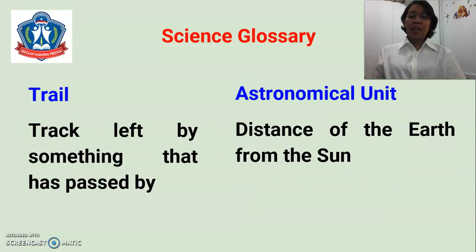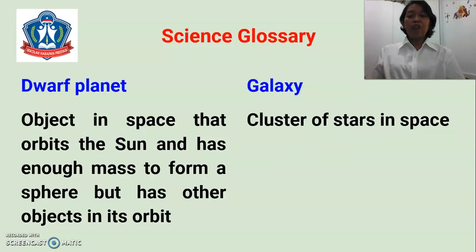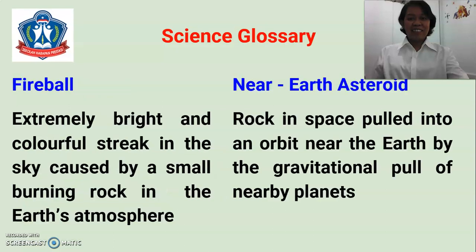Trail is a track left by something that has passed by, while astronomical unit is the distance of the Earth from the sun. Dwarf planet is an object in space that orbits the sun and has enough mass to form a sphere but has other objects in its orbit, while galaxy is a cluster of stars in space.